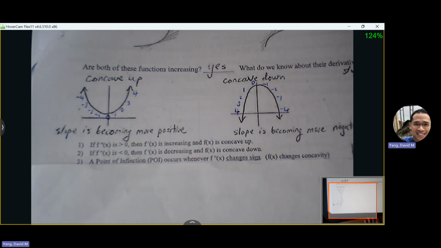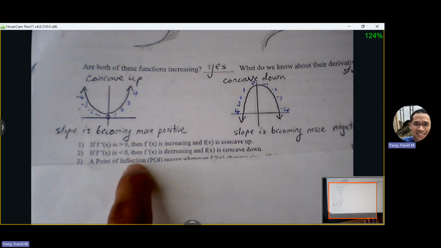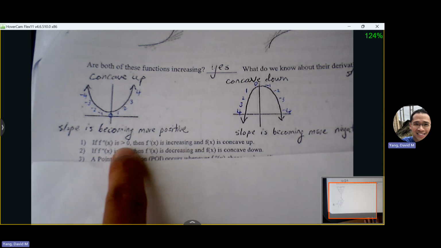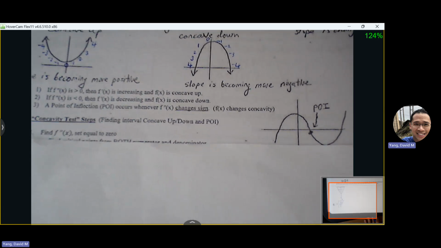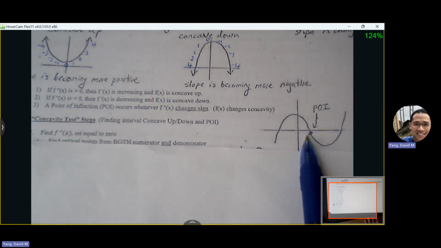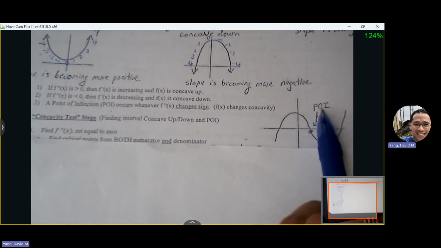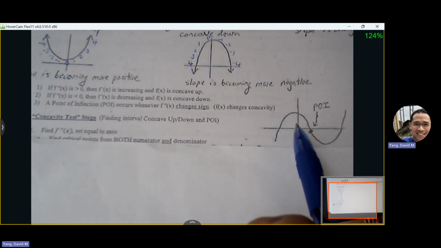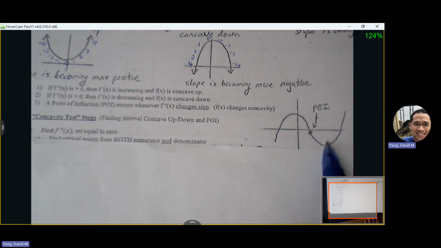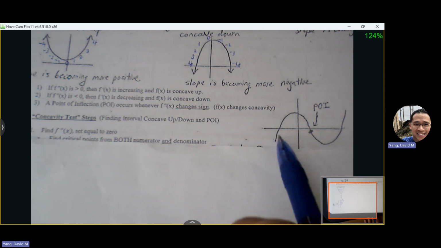So a lot of this we're going to pull from the second derivative function. The second derivative function is going to give us information about concavity, and it'll also give us information about the transition point called the point of inflection, which I'm going to abbreviate as POI. Point of inflection is where the transition between concave down to concave up occurs, or from concave up to concave down.